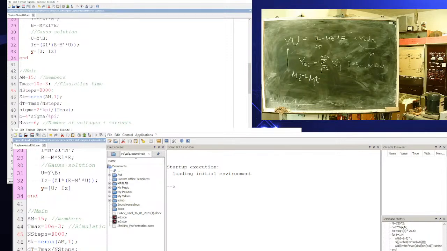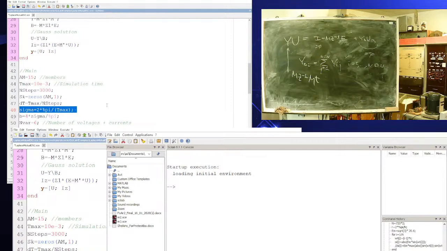Actually, this sets precision. How many points? I cannot perform continuous calculus. I will calculate some limited number of points. In my case, I will use 3,000. This parameter also sets precision.